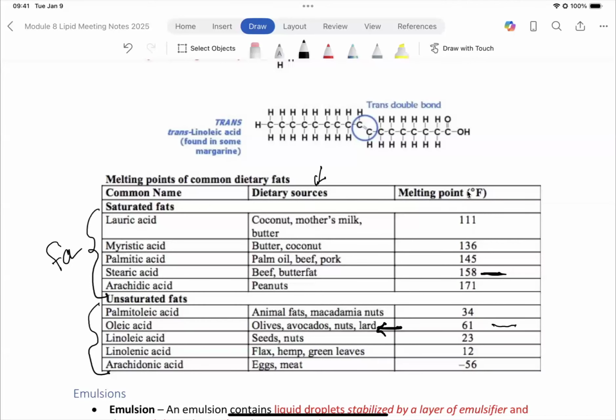So what do I mean by melting point? If we have a thermometer and we have up here 158 degrees, we can say that we have to heat the saturated fats all the way up to 158 degrees before they go from a solid to an oil.